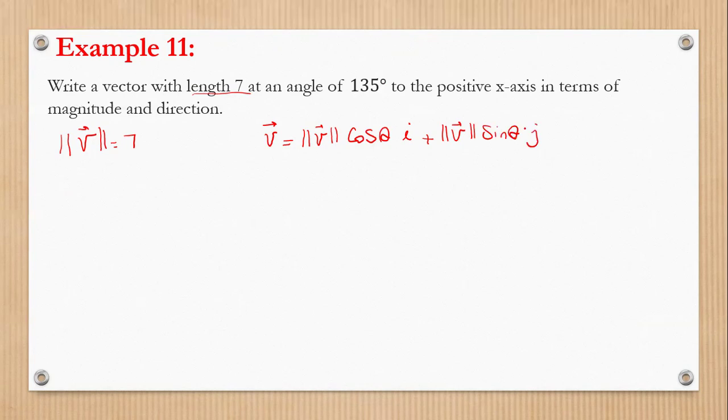So we just need to replace the numbers. The magnitude is 7. 7 cosine of the angle, which is 135 degrees. 7 sine of 135 degrees, which is the b. Now we just need to find the sine and cosine of 135. So 135 is an angle in the second quadrant.